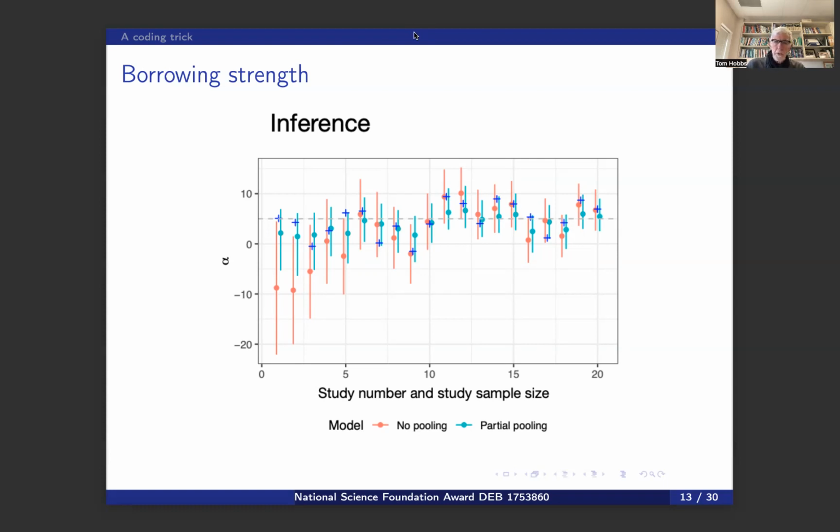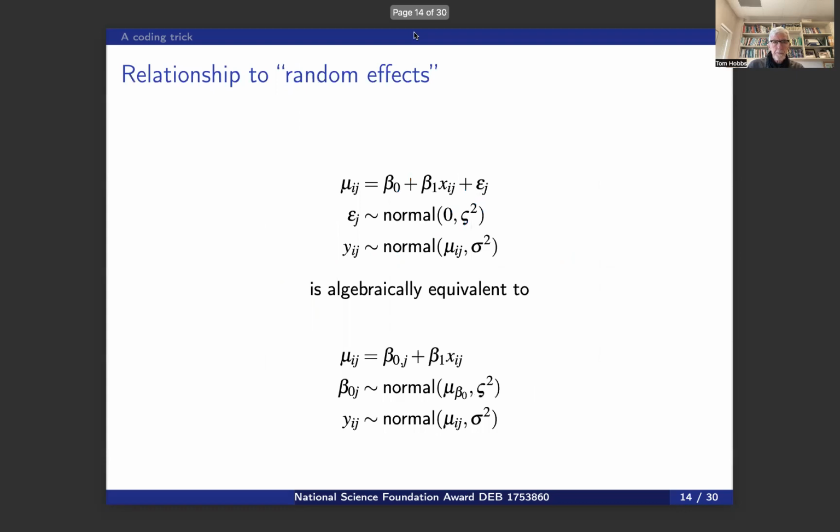The studies with small numbers of observations get pulled toward the overall mean. But not only that, we see substantial shrinkage in their variance. So this is what's called borrowing strength. Studies that are done with small sample sizes or with high amounts of data error get pulled toward the overall mean with a shrinkage in variance.